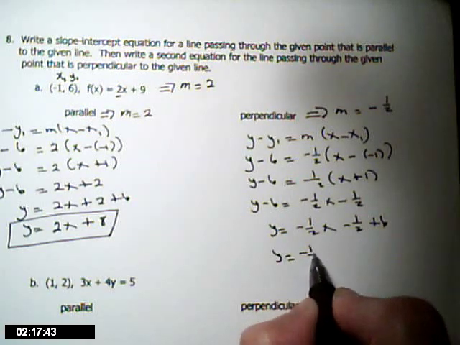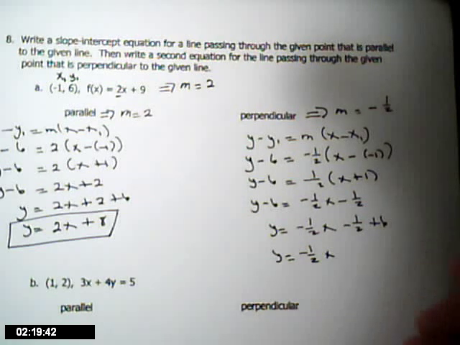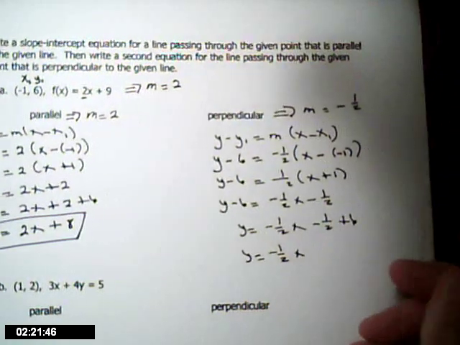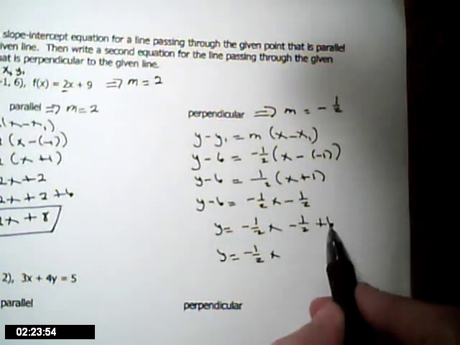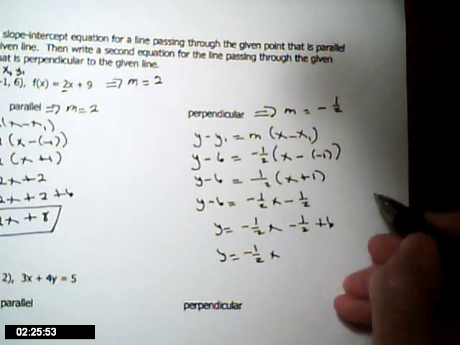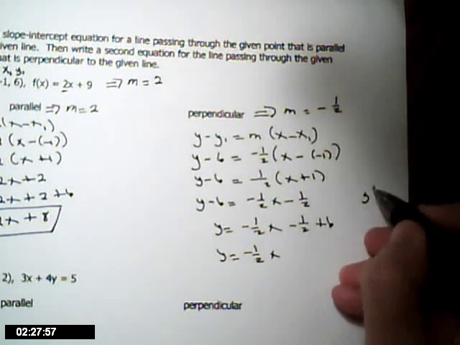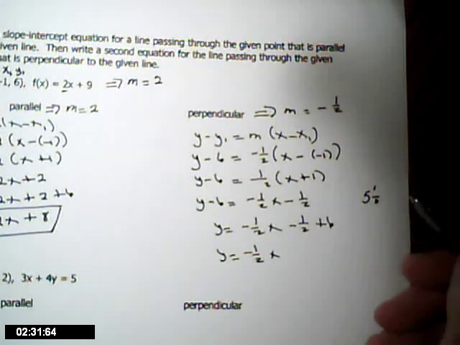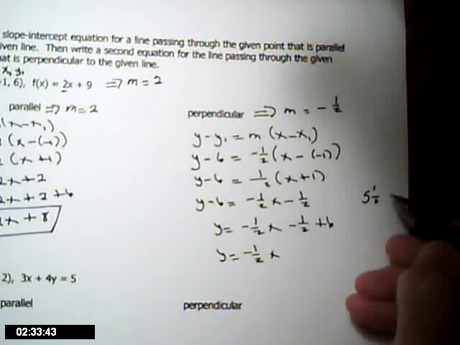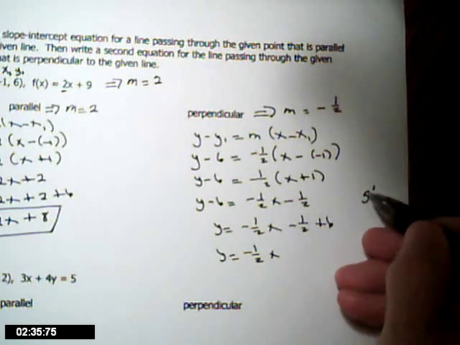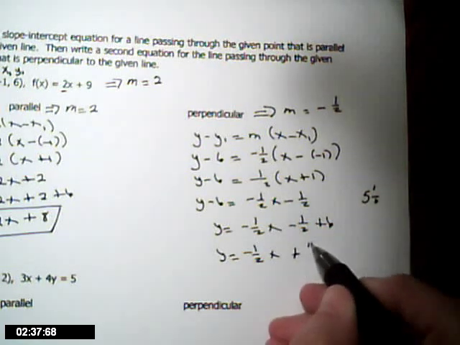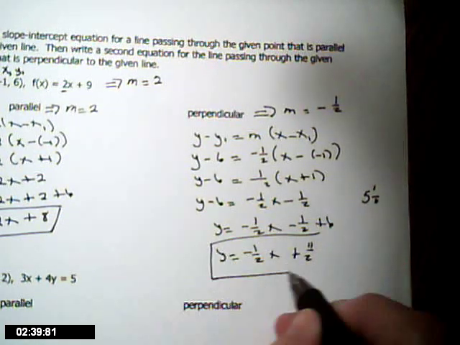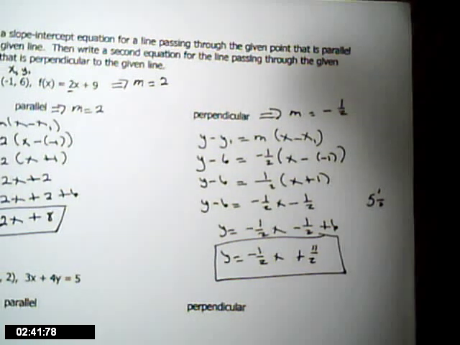Now either through what you know about fractions or using your calculator, you will see that if you have 6 and you take 1/2 from it, that's going to give you 5 1/2. Now writing that as an improper fraction, that's going to be 2 times 5 is 10, plus 1 is 11/2. So there's our equation perpendicular to the given line.